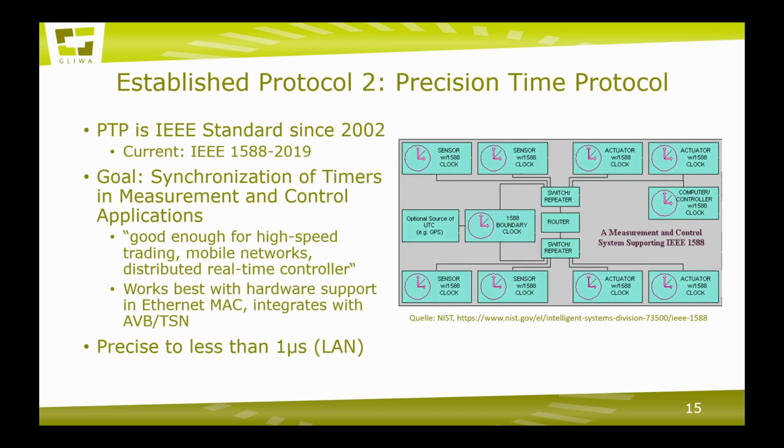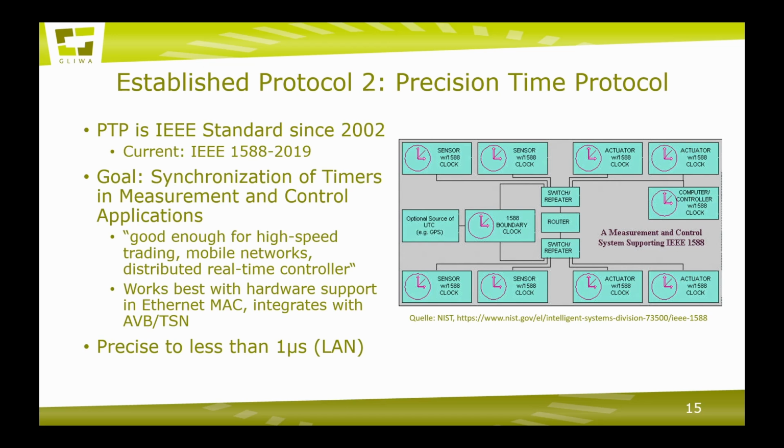The other established protocol I'd like to introduce is the Precision Timing Protocol, PTP. This is not an internet standard by the IETF. Instead, it's a measurement system standard by the IEEE, and it's been standardized in 2002. The current version is IEEE 1588-2019 from, you guessed it, 2019.